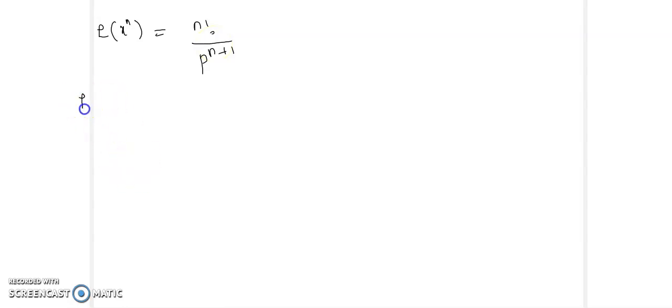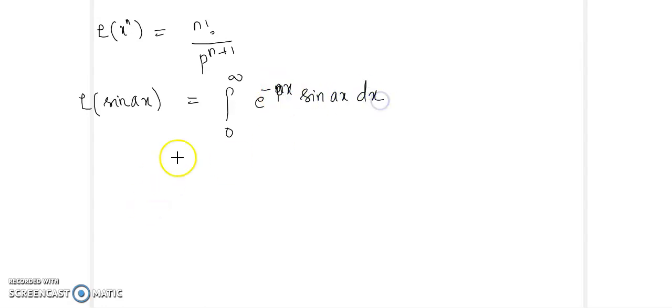And now let us look at L of sin ax. By definition, that will be given by the integral from 0 to infinity of e raised to minus px sin ax dx.